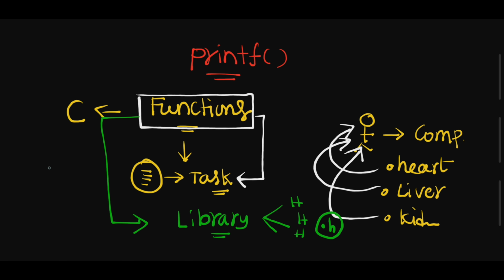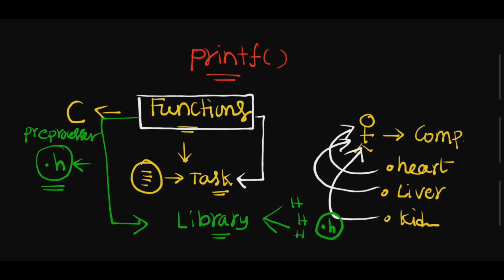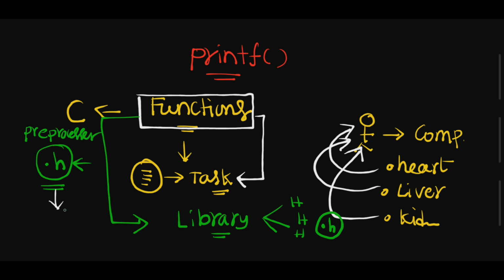Every .h extension means it is a header file, or we can call it a library. There is a word called preprocessor. Every header file contains a set of functions. With the help of these functions we are going to write programs.